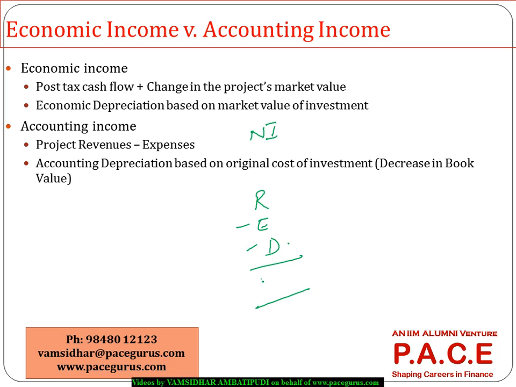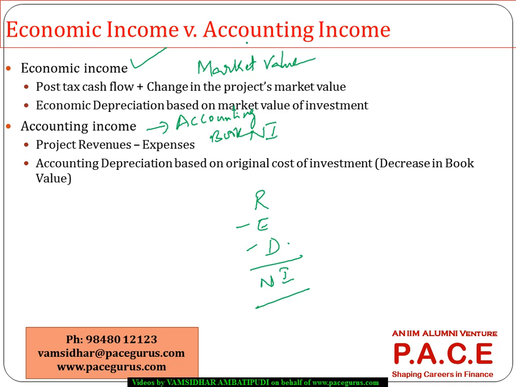Whatever the final income that I am getting is as per the accounting books, following GAAP or IFRS kind of mechanism. But when I talk about economic income, it's the same accounting income, but going with the market values rather than the book values.